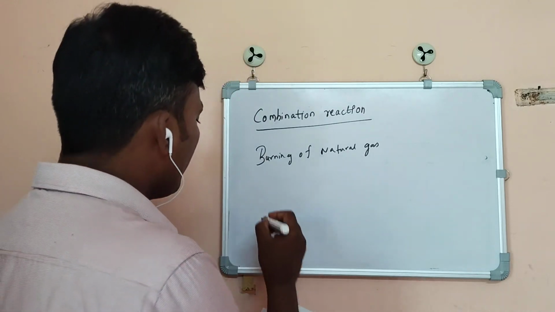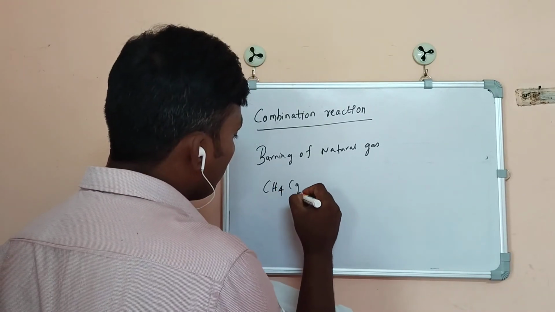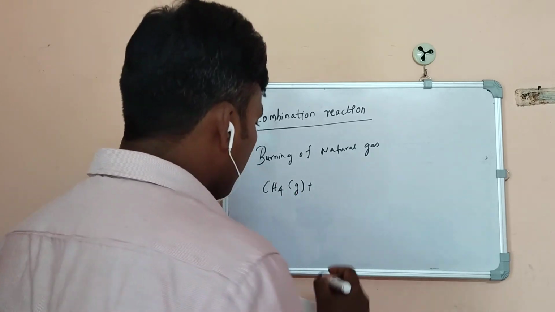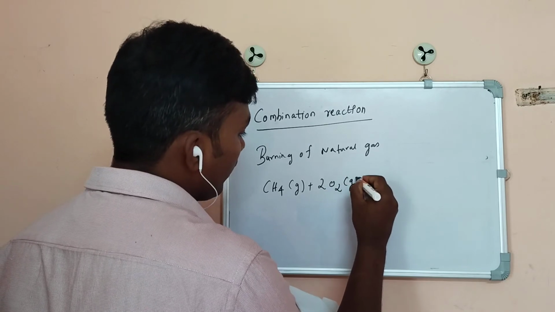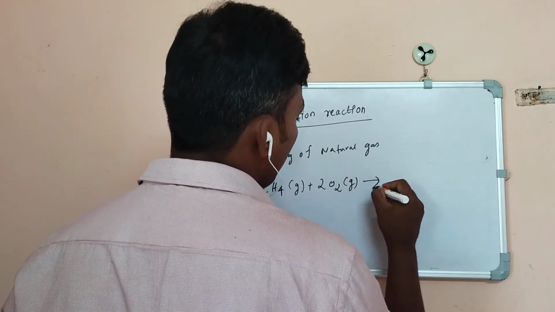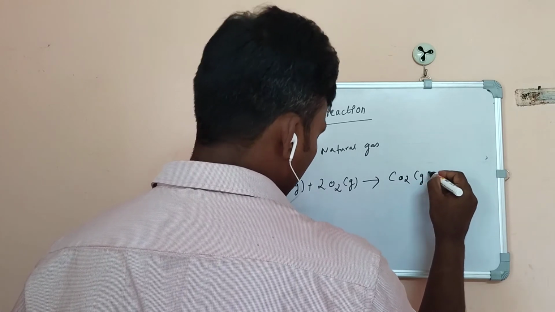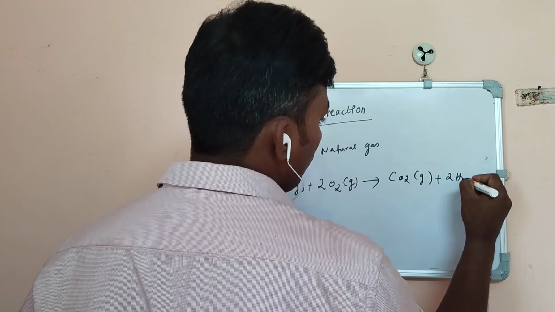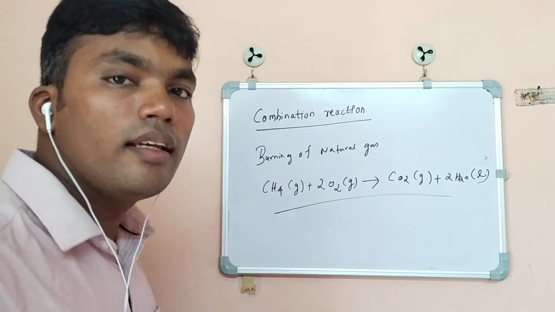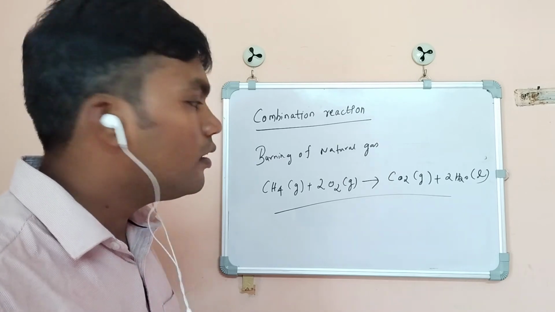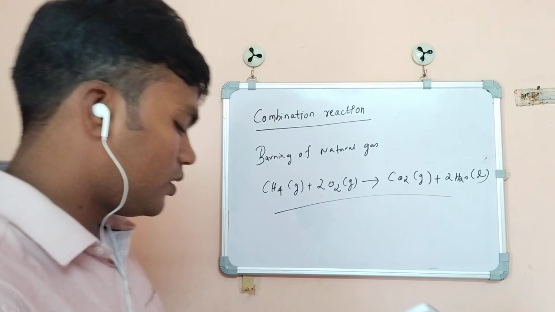CH4, this is gas, and then 2 mole of O2, this is also gas, to form carbon dioxide gas plus 2H2O, that means liquid. This is the best example for the exothermic chemical reactions.